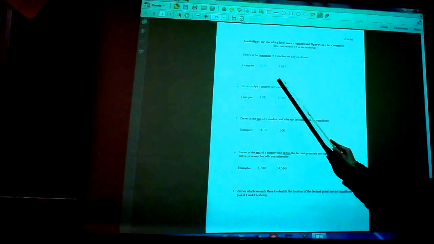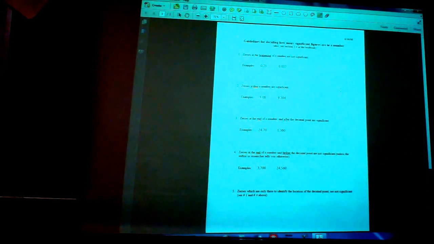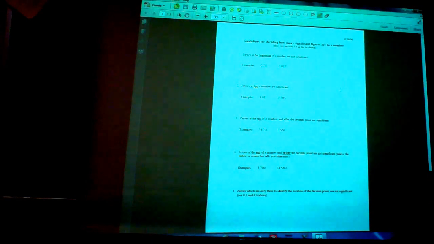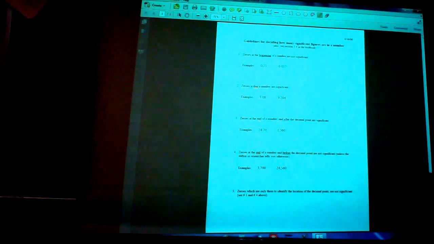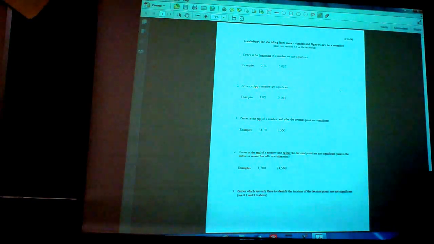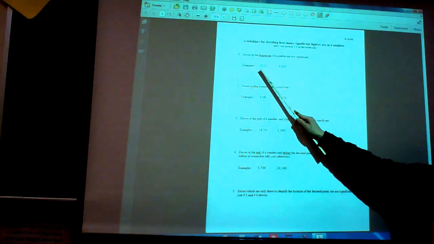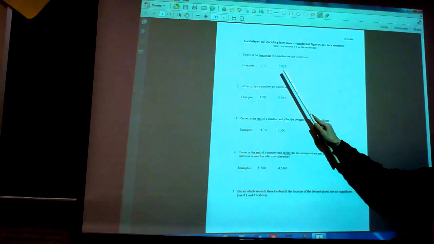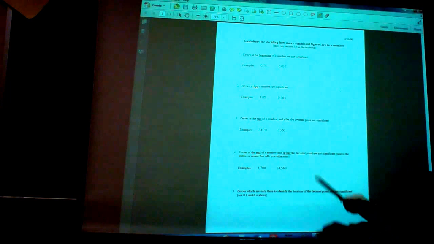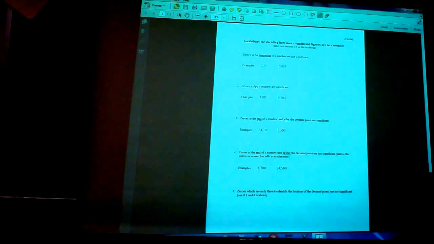Okay, so the first one tells you that if there are any zeros at the beginning of a number, they are not significant. So in this case, in 0.75, the 0 is not, and in 0.037, the zeros are not. But that also means that everything else is. So if you look at 0.75, there are 2 significant figures.